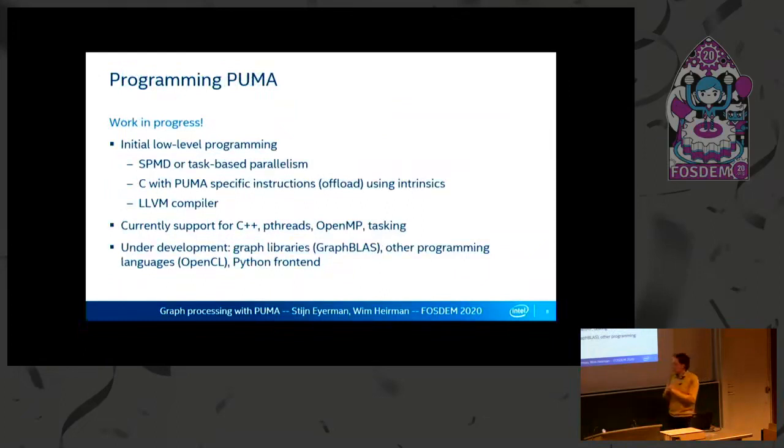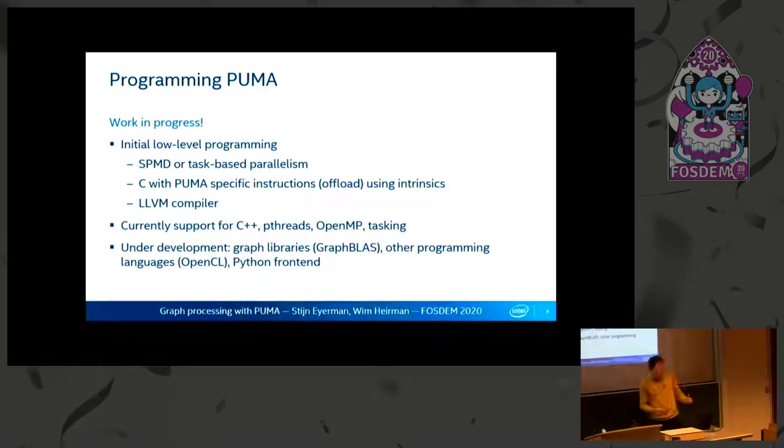More interesting for you maybe is how do we program this beast. That's still work in progress, so we're also working at a software infrastructure for this architecture. Initially, what we did our first experiments with is a simple SPMD-based parallelism using C, and we use special intrinsics for the PUMA specific instructions, and LLVM for building a compiler.